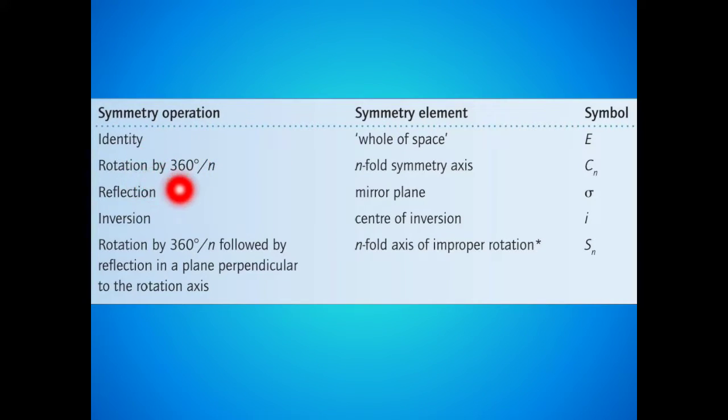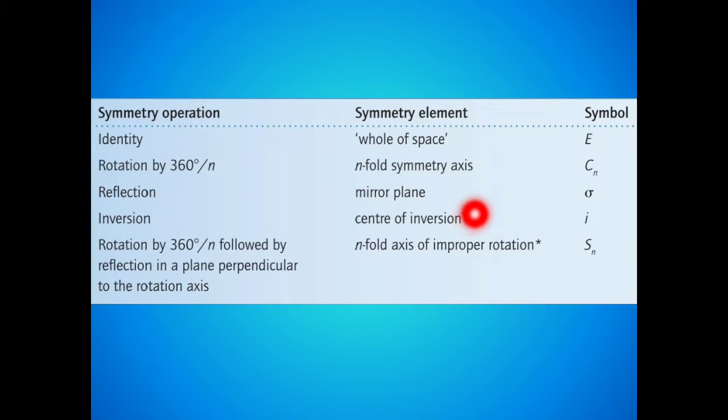What does n stand for here? n stands for n-fold; fold means times. How many times you rotate a particular molecule by passing an axis to get the same molecule as the previous one. This is called the axis of symmetry.